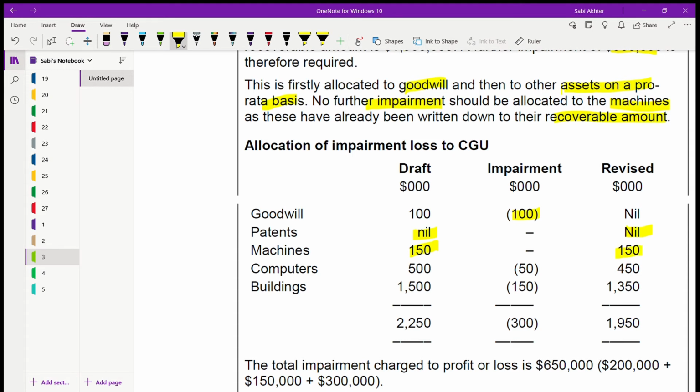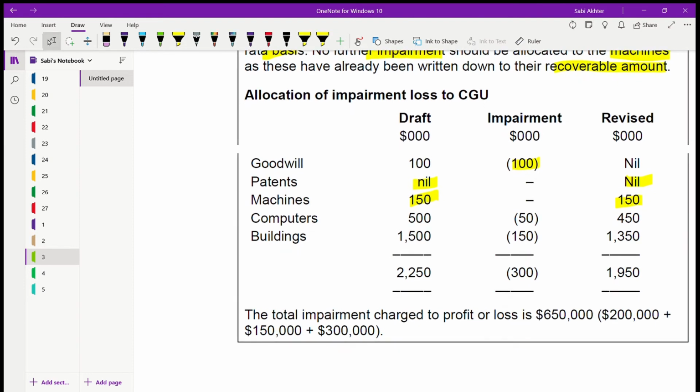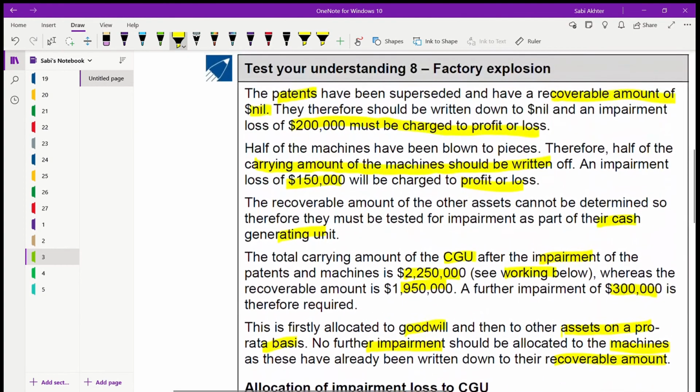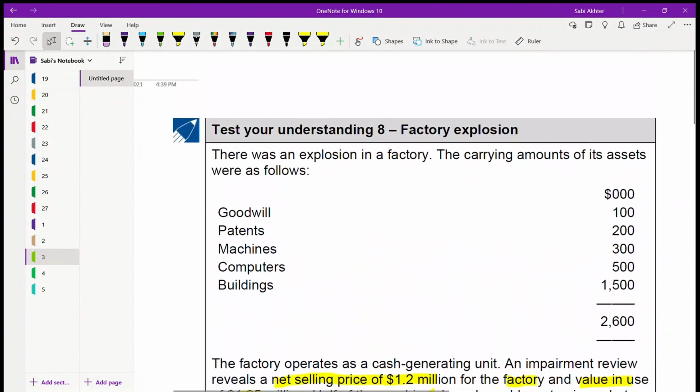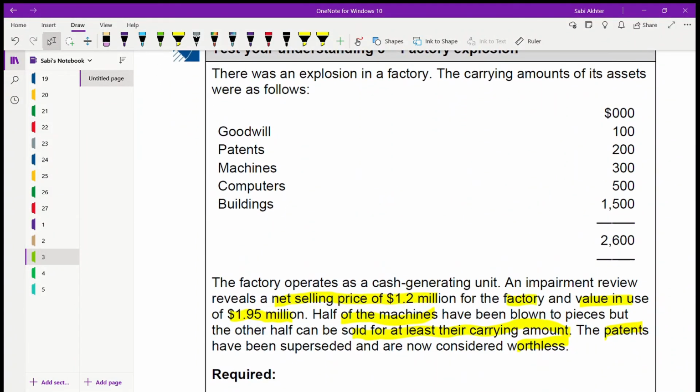Okay, how did you get 50 and 150? Pro rata basis. 500 over 2000, because addition of these two into the impairment. The remaining impairment, how much ever. So if you see here, this is 2600, the carrying amount.